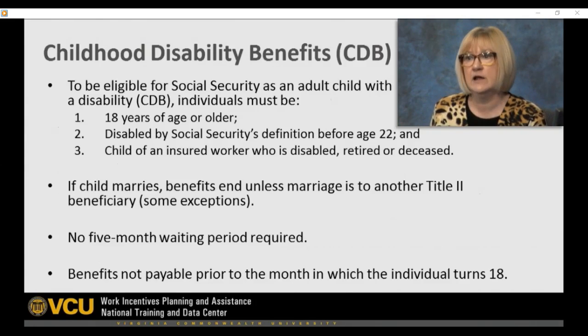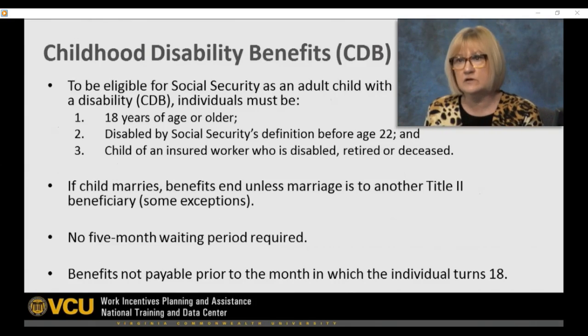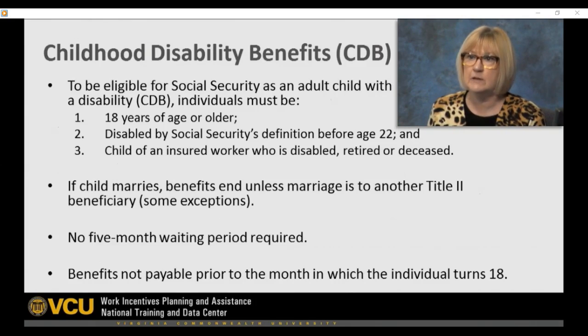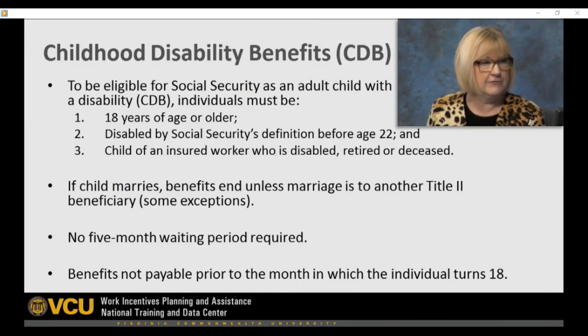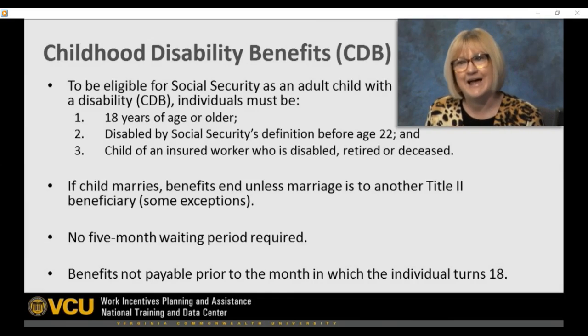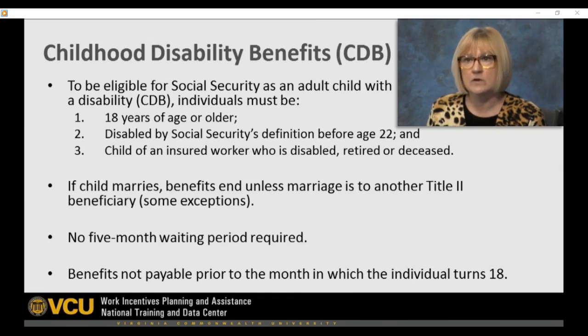That's SSDI. Now there's another one, Childhood Disability Benefits, or CDB. Something to know about this is it used to have a different name, and if you're an old-timer like I am, you may remember when this benefit was called DAC, D-A-C, or Disabled Adult Child, and sometimes you'll hear it referred to using those old terms still, but the current name via the regulations is Childhood Disability Benefits, or CDB.